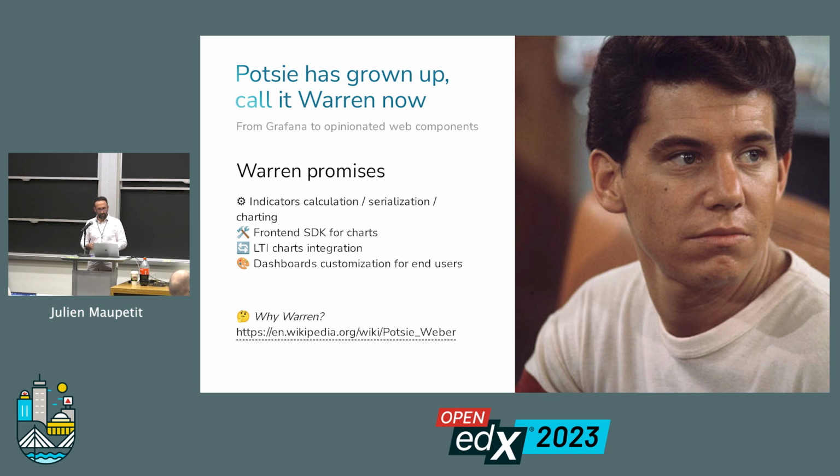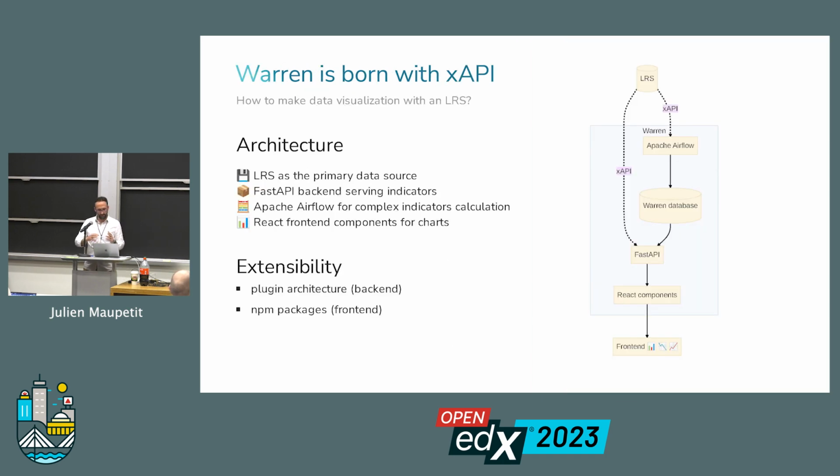So we have designed Warren with this architecture in mind. The LRS, the learning record store, the place where the learning traces are stored, should be our primary source. This is something important for us because we don't want to lock users into using one type of database or our own LRS. It could be any LRS.